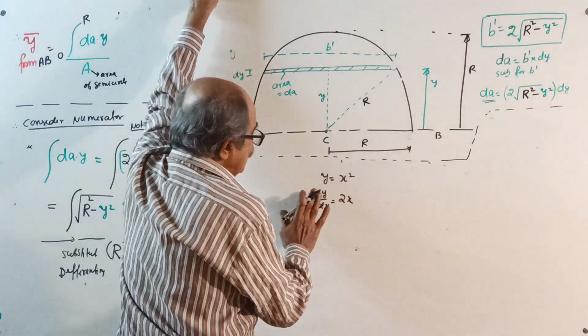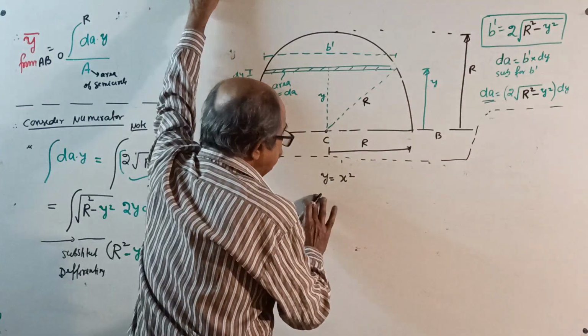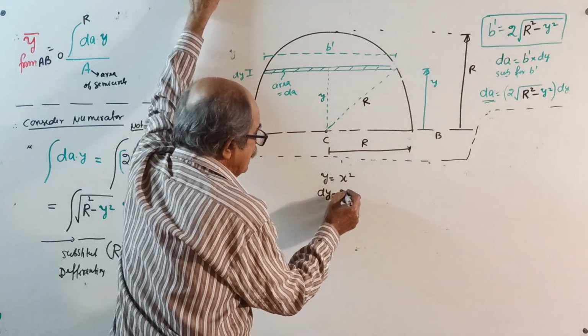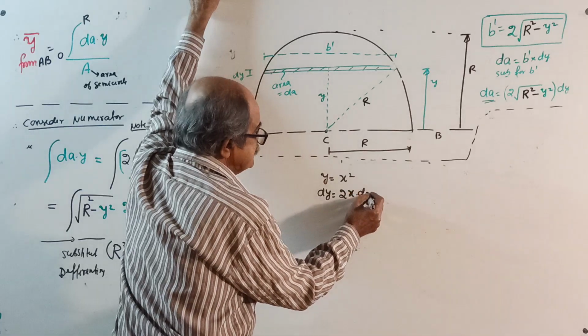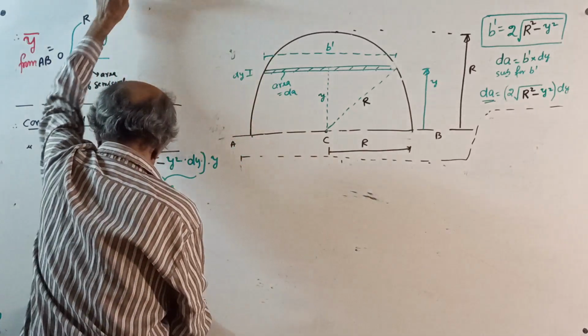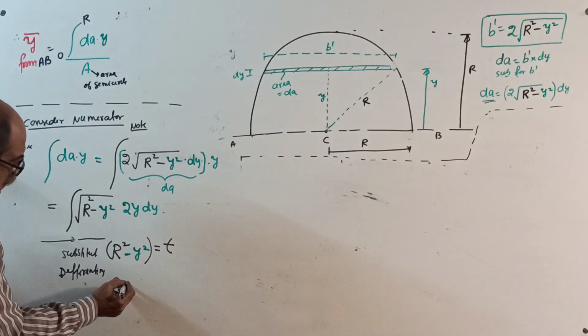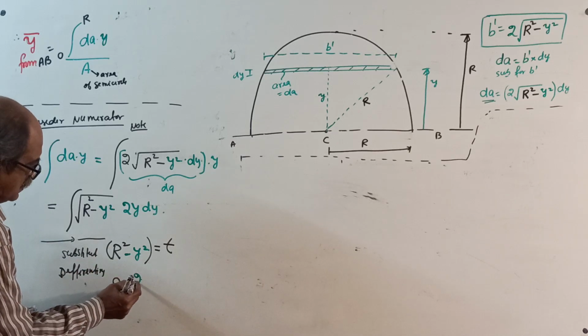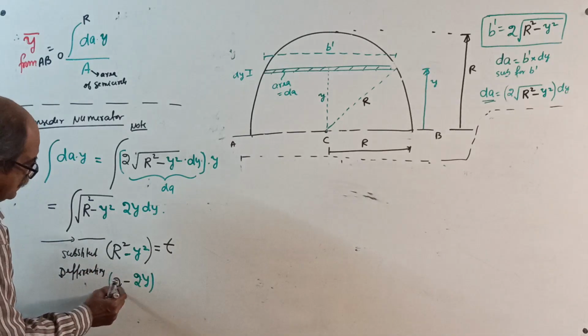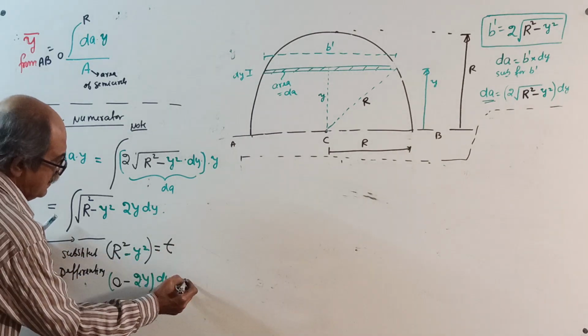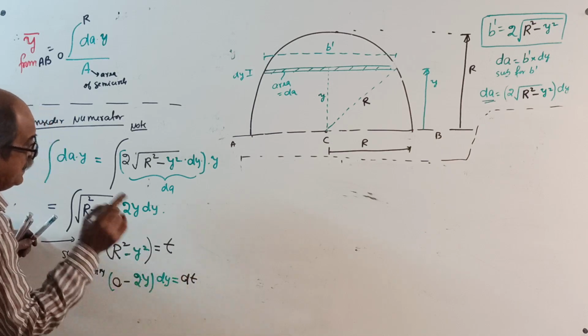Or, if you don't write dy by dx, differentiate both sides. y becomes dy, x square becomes 2x into dx. You should know that. So differentiating, r square becomes 0, minus y square becomes minus 2y into dy, equal to dt, where t is a variable.